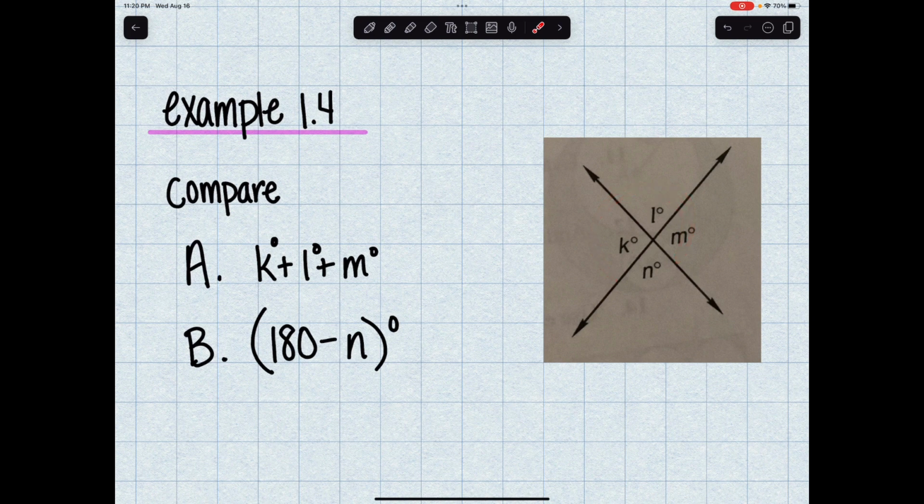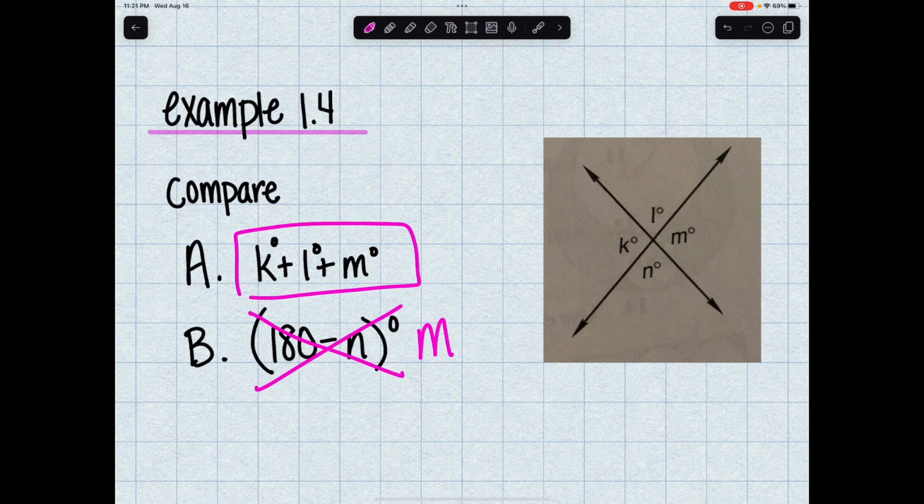B is going to be 180 minus N. Remember, 180 is a straight line, so it could be this straight line, 180 minus N, which is the same as M. So which one's bigger? Instead of that, you could just call it M. K plus L plus M, or just straight M. Of course, K plus L plus M is going to be bigger than just straight M. So A is bigger. So the answer is A. That makes sense to me.